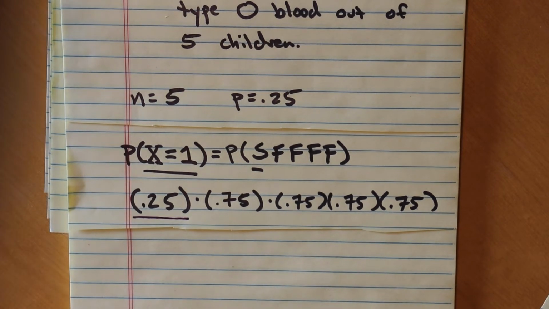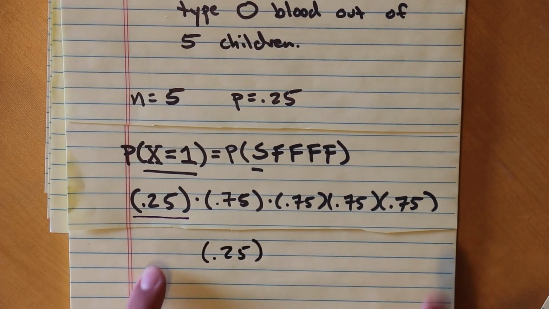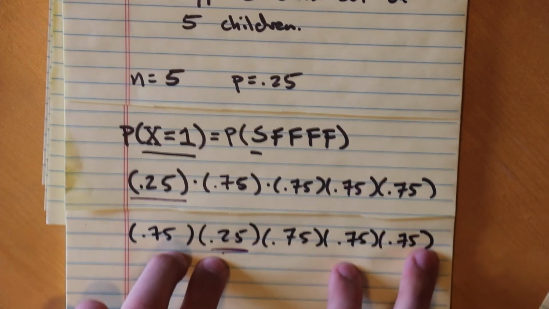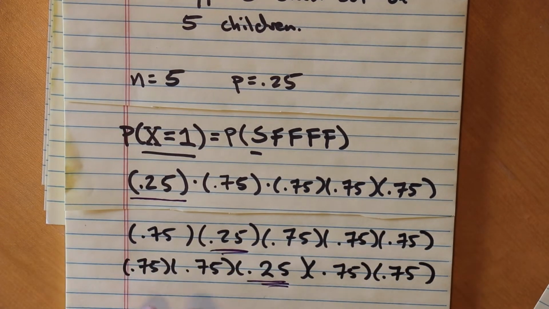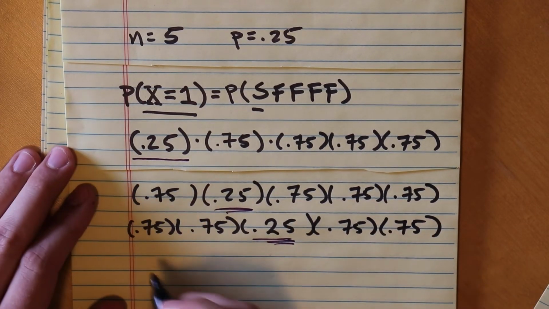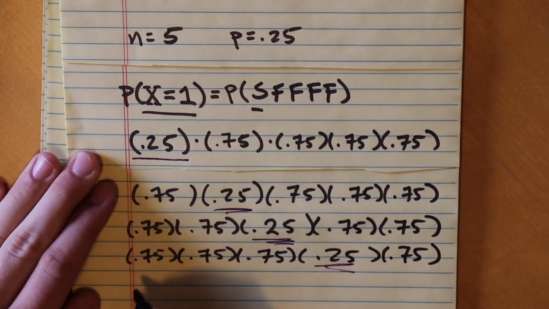Do you notice that there are more ways that this could occur? What if the second kid had it? What if the first one didn't, the second one did, and the last 3 don't? Or what if the third kid had it, and the first 2 and the last 2 don't? Or what if the fourth kid had it, and the first 3 don't, and the last one doesn't? Or what if the first 4 don't, and then the last kid has type O blood?